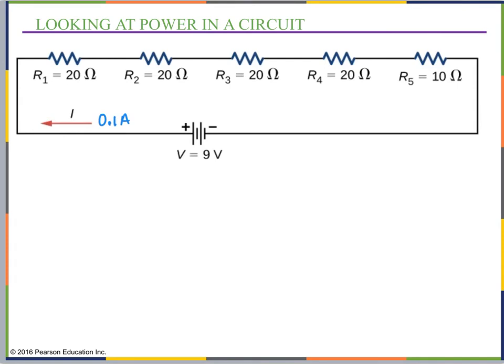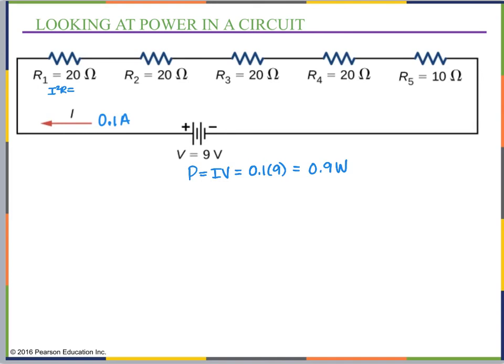And so we could look at, first of all, the power delivered by the battery, and that would be 0.1 times 9, so that's going to be 0.9 watts. So that's the power delivered by the battery. And now, as we go through the circuit, we might want to use I squared R for the power that's being dissipated by the resistors.